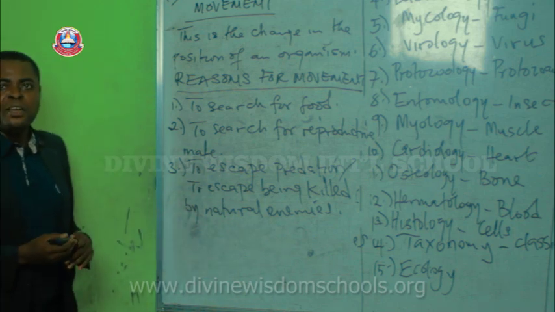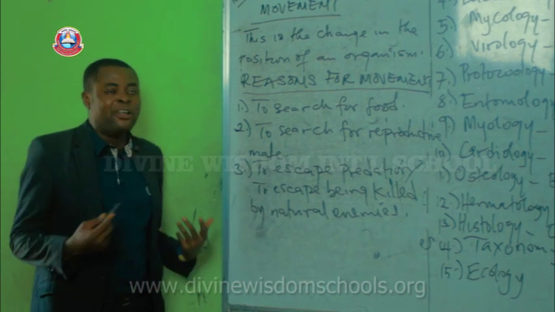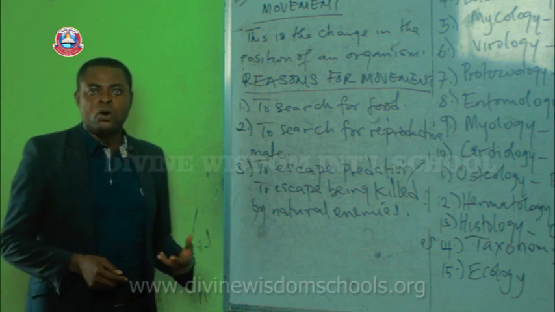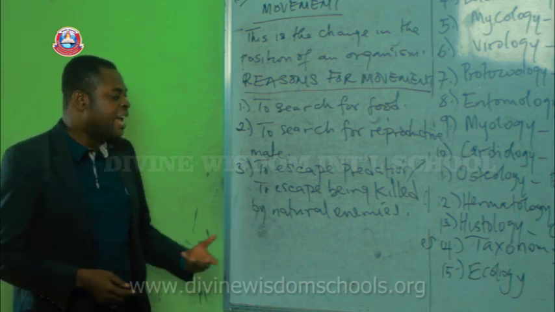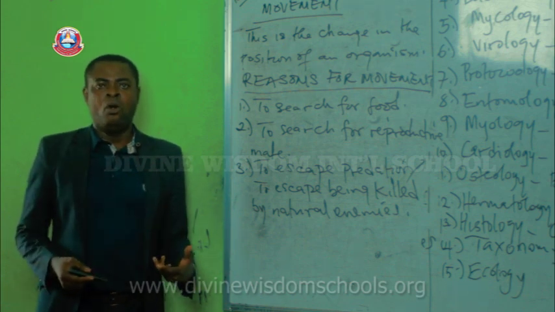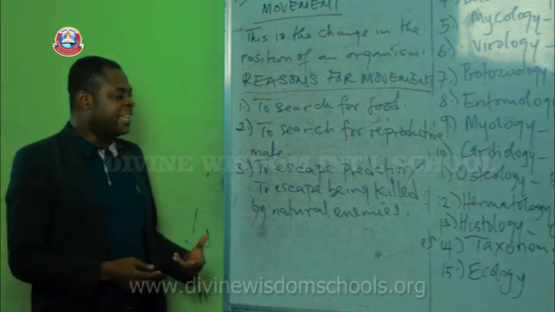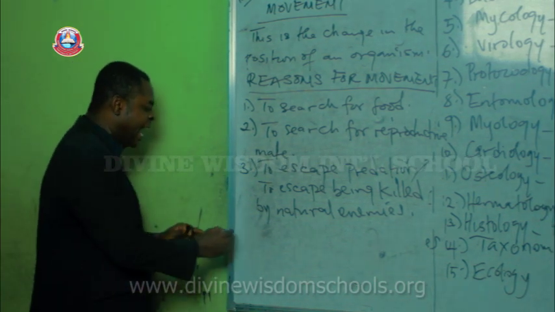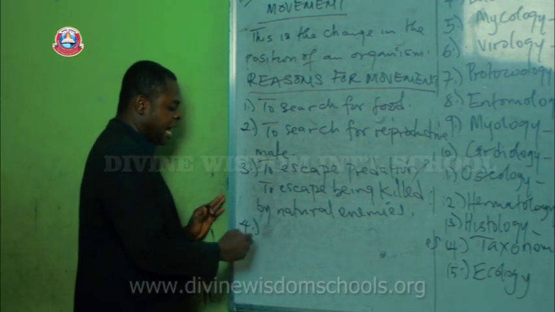If a small animal notices a lion is coming on his way, what happens? Then the cat will run away. So the reason for that movement is to escape from being killed by this natural enemy, which is called a predator. Then the organism that is being killed by the predator is called the prey.